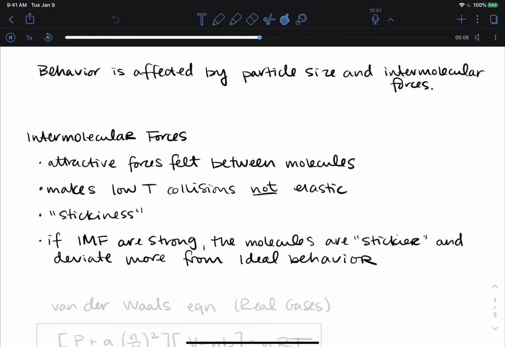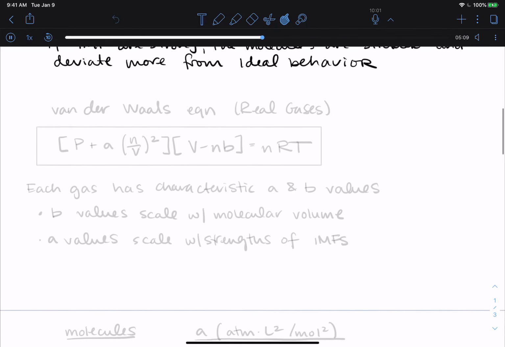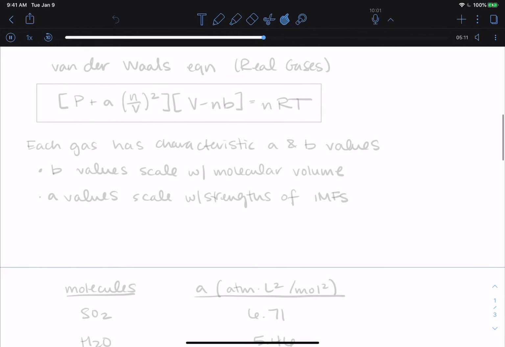For the deviation from ideal behavior, I'm just going to give you the van der Waals equation, which is the equation that we use to calculate whichever factor we happen to need. It's going to look like we took the ideal gas law and then just stuck some weird variables in there, which is exactly what we did.